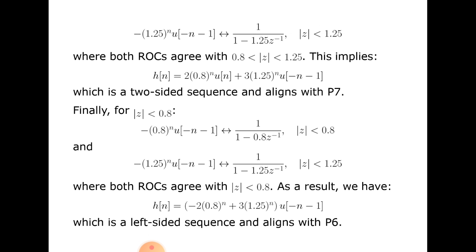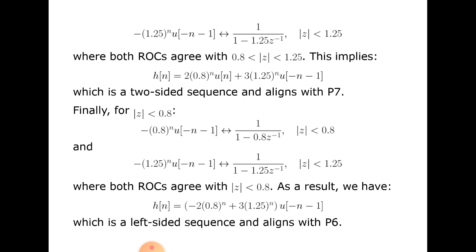This implies h[n] is equal to 2 times 0.8^n u[n] plus 3 times 1.25^n u[-n-1], which is a two-sided sequence and aligns with P7.